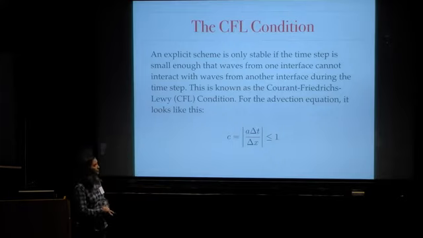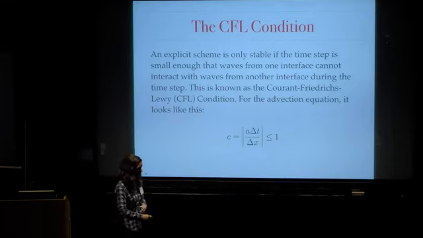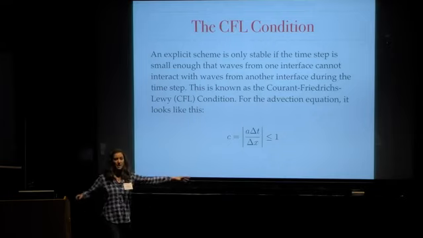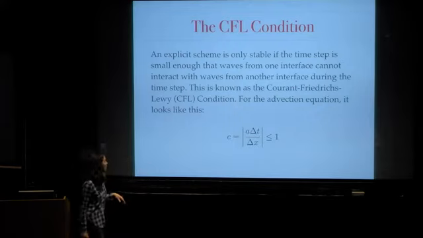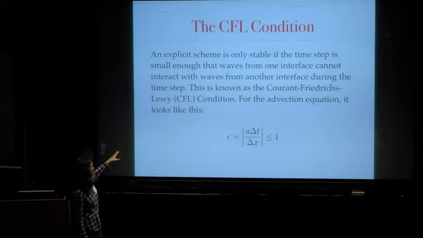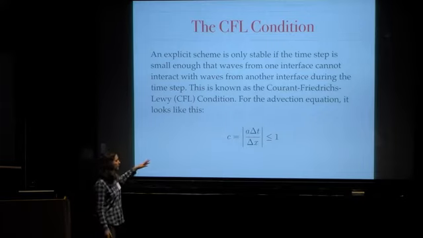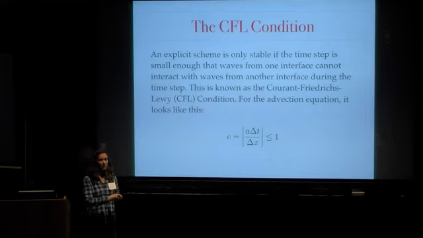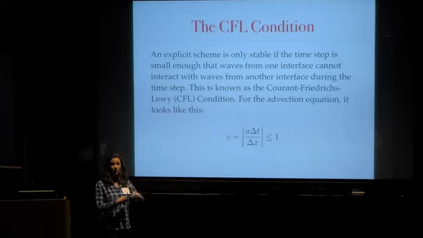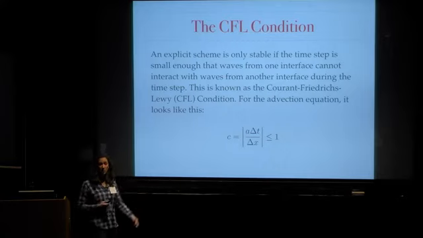A formal definition of the CFL criterion is that the numerical domain of influence has to encompass the physical domain of influence of the problem. But you can think of this for the advection equation as basically that you can't take a time step where the wave could have traveled more than one of your distance steps over the course of that time step, because then you'd be missing information in the problem.